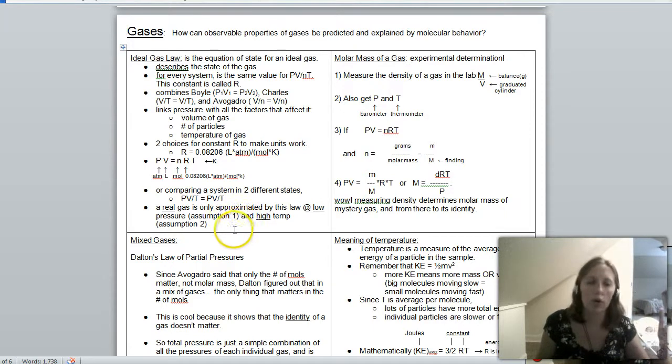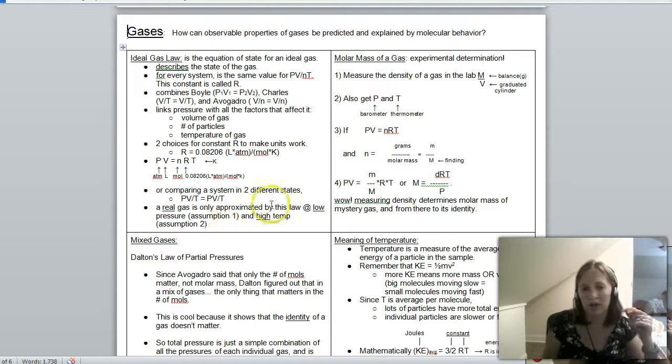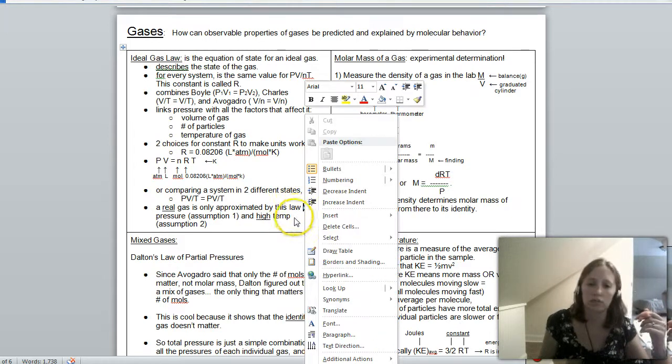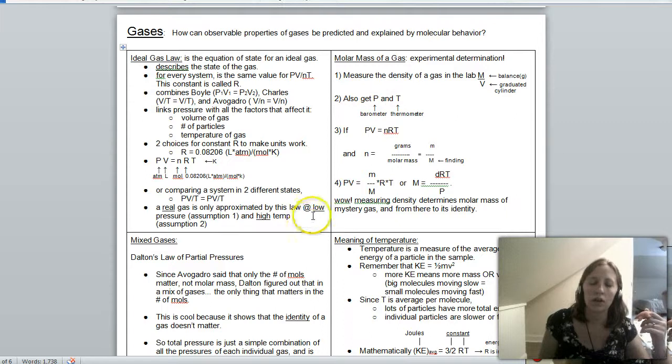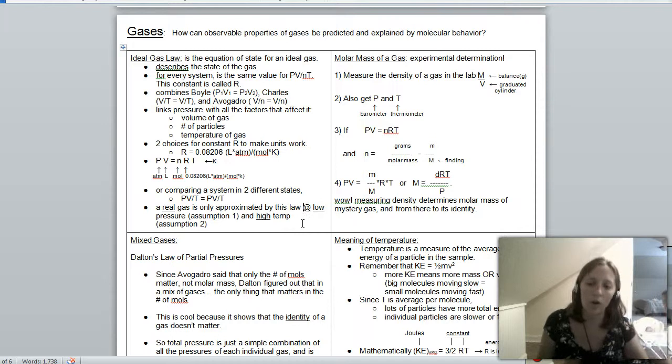One thing that you have to know about ideal gases is when the assumptions are true, and we'll get into that more later, but it is important to know that low pressure and high temperatures is your best bet, because at a low pressure you've got large spaces between the particles, so assumption 1, which is that the particles don't take up much space, is true, or true-ish.